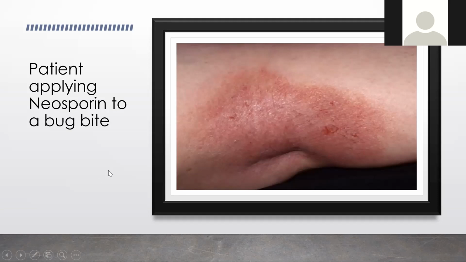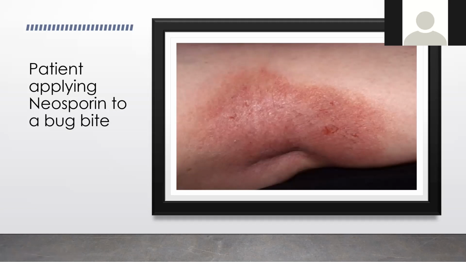Again, you can see the edges. There's some desquamation. The edges are probably palpable. It doesn't move. And Neosporin is a classic thing for getting an allergic reaction to. This patient was hospitalized for cellulitis, but it was just contact dermatitis, and he needed just some hydrocortisone to apply to it.